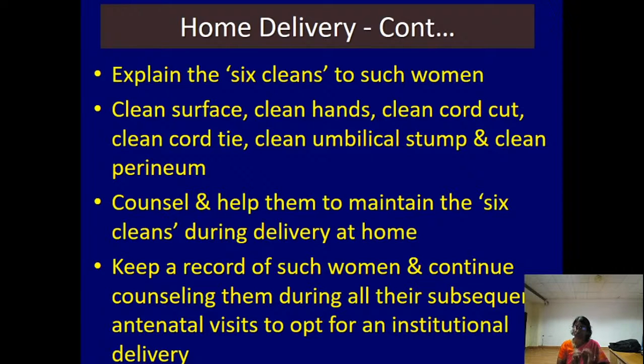Then a clean cord tie, means the thread in the disposable delivery kit, and a blade to cut the cord, clean cord cut, and then clean umbilical stump. They should not put anything on the umbilical stump. It should be left open, means clean.